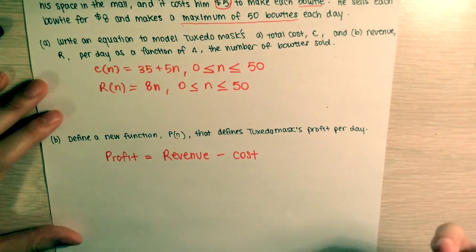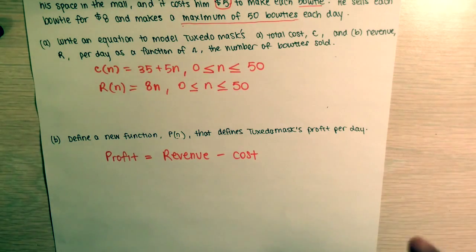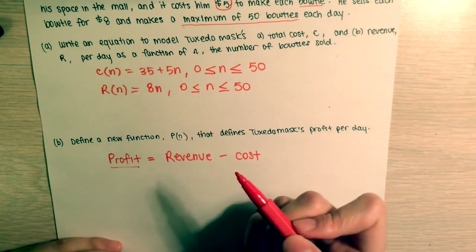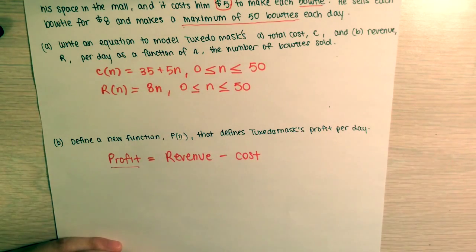So this is basically the net amount of money that Tuxedo gets every day based on how many bow ties he sells. But you also have to take into account how much he needs to give to make each bow tie. So that's what profit is. It's how much you get after you take into account all the costs.